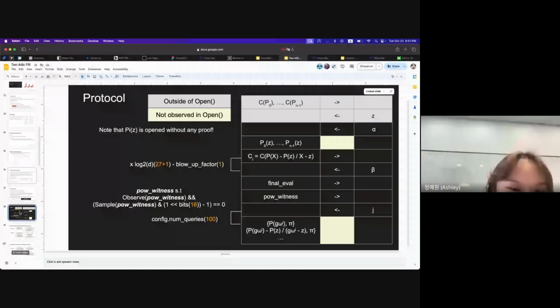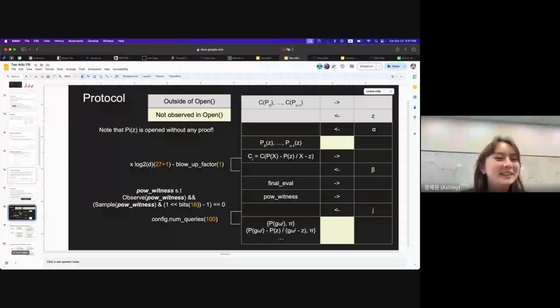I think that's related to kind of extension field. Maybe in the paper.